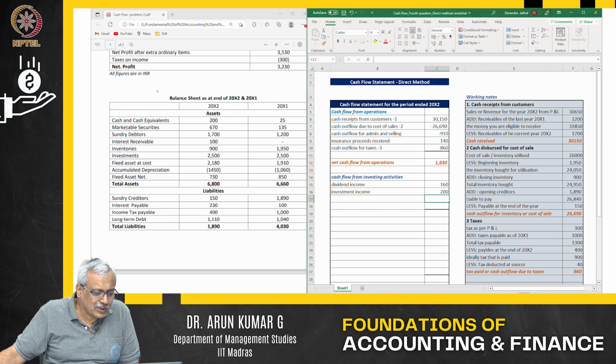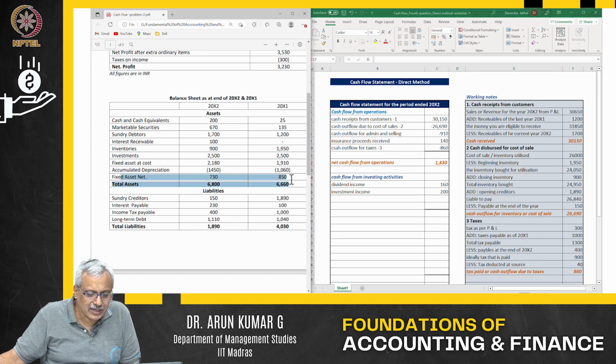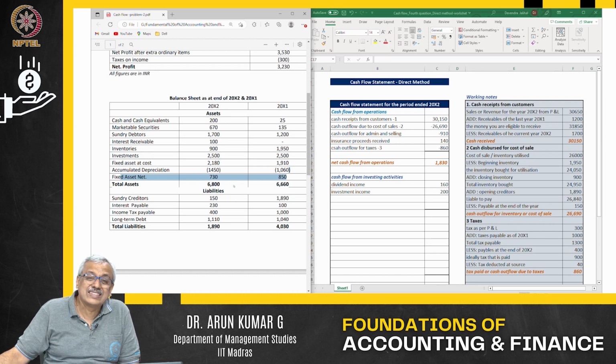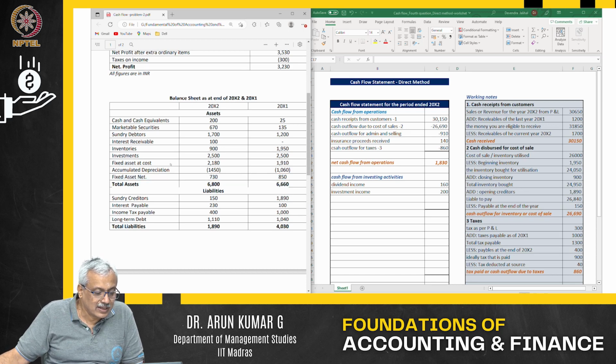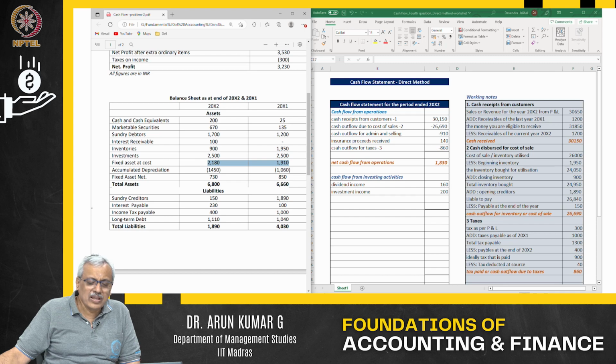Next, we will look at the investments you make. Obviously, you will make investments in fixed assets, net fixed assets, at cost. What is the fixed asset at cost last year?